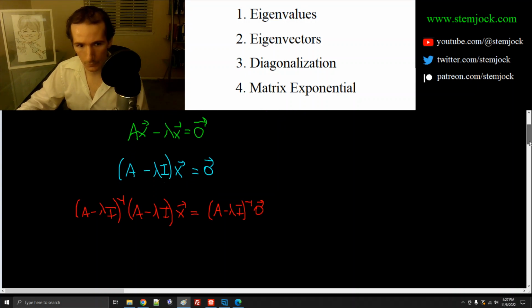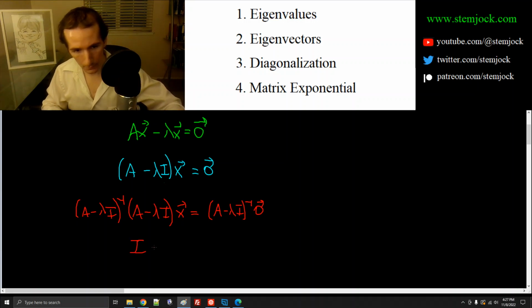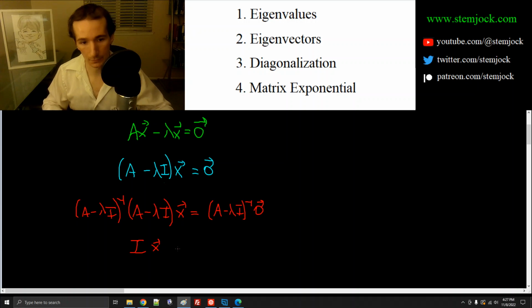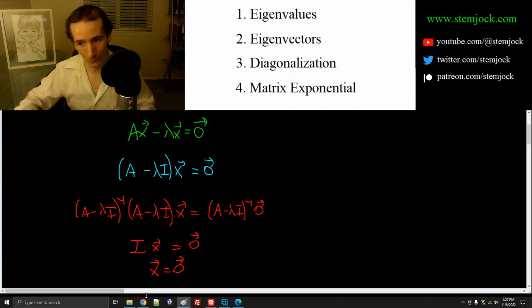Now, the inverse of a matrix times the matrix is the identity matrix I. This is times x, and any matrix times the 0 vector is 0. The identity matrix times any matrix is the matrix itself. So we would get x equals 0, and that is not what we want. This tells us that x is 0.